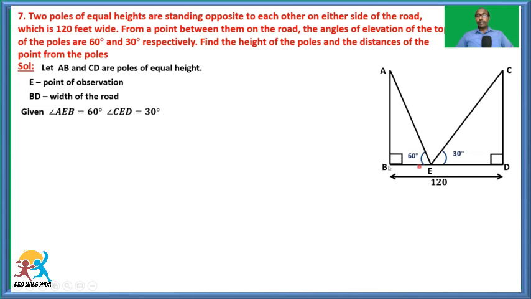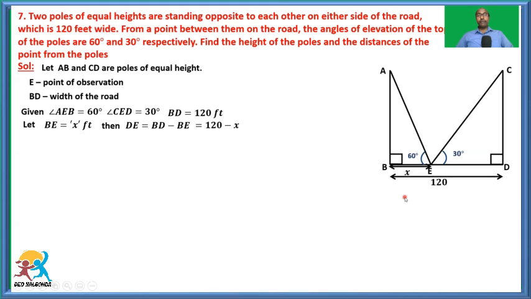So we don't know the distance BE here. We know BD is equal to 120, but we don't know the value of BE. So let BE be equal to x feet. Then DE is equal to the difference of BD and BE, that is 120 minus x feet.